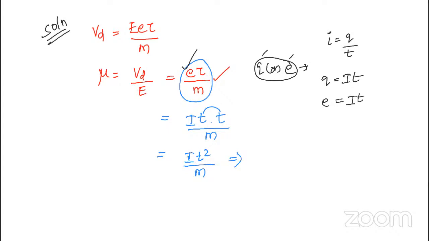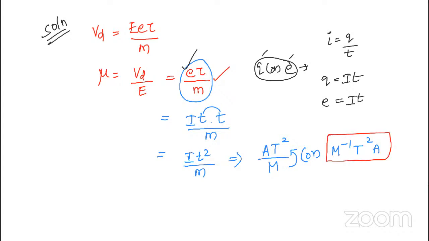The dimensional formula for current is A, for time T square, and for M it is M. Or you can bring the M up and write it. So M power minus 1 T square into A. Okay. So this is option B.